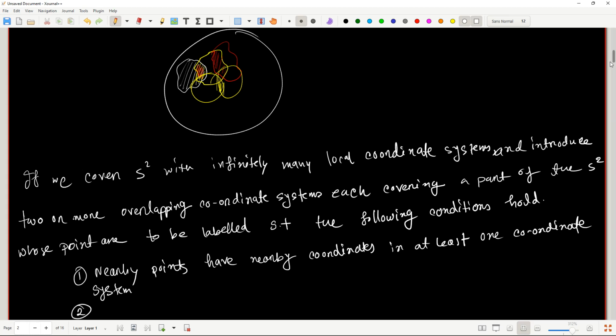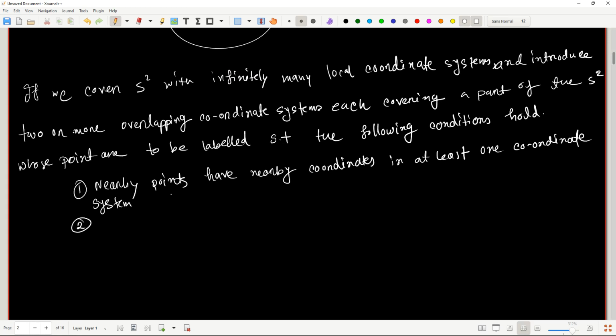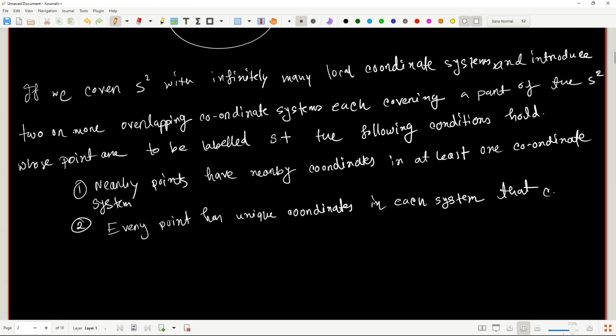And number two is that every point has unique coordinates in each system that contains it. So these are the two conditions that we can satisfy by introducing all these very small local coordinates.